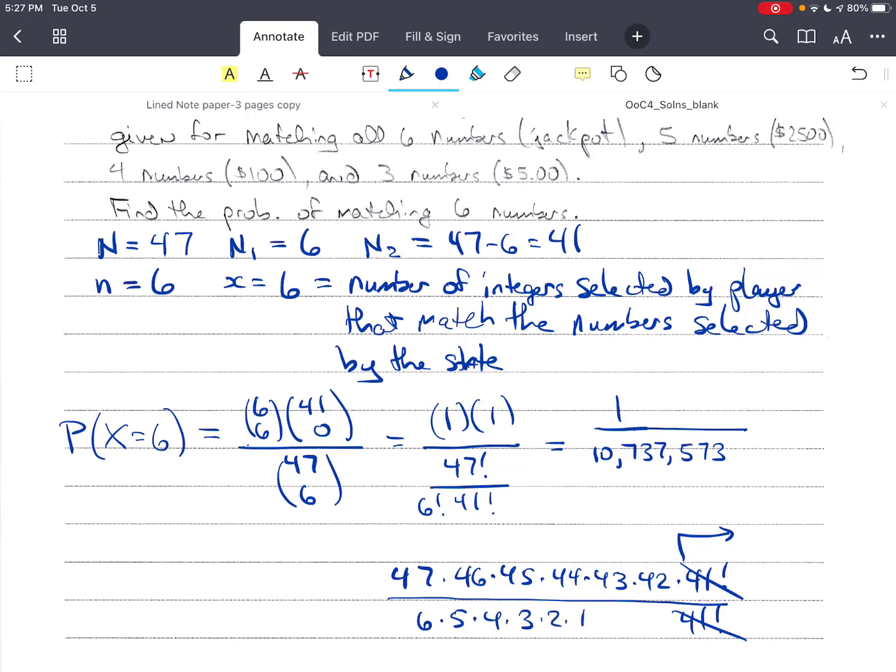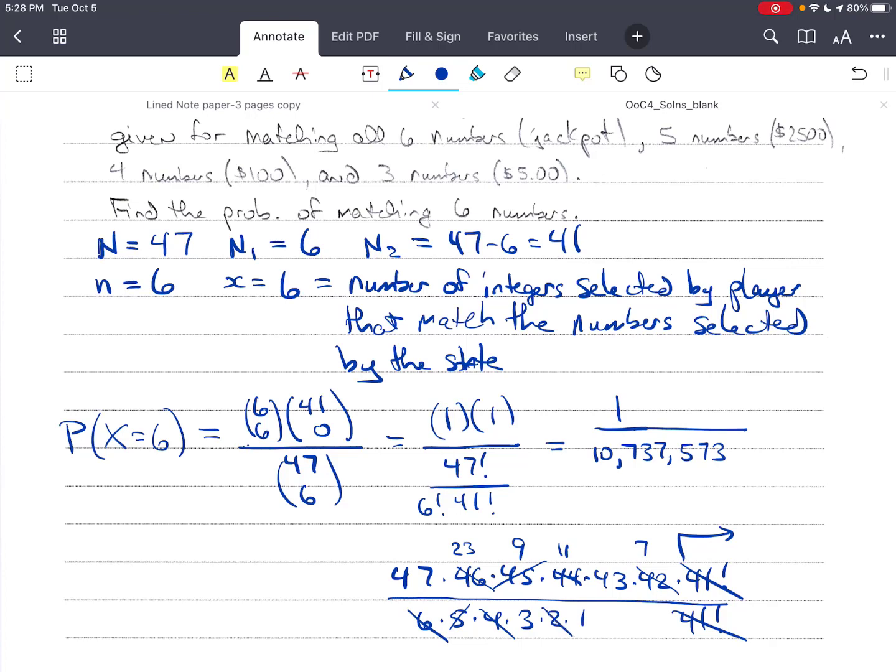And if we look up here, we can see some values. 6 goes into 42 7 times. And 5 goes into 45 9 times. And then 4 goes into 44 11 times. And then 2 will go into 46 23 times.